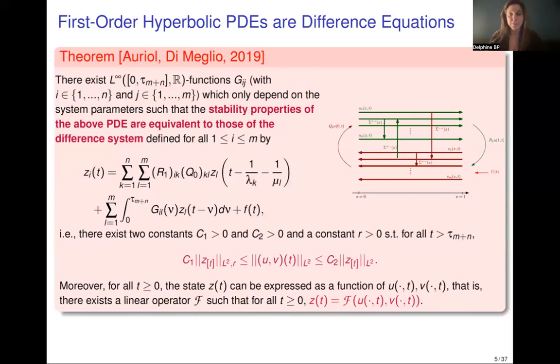So this means that equivalently, if you want to tackle the stabilization and control of the system of hyperbolic PDEs, you can look at the difference equation and try to establish something for this difference equation. And then in turn you're going to obtain similar properties for the original system. Also, interestingly, you can prove that there is an explicit mapping linking Z and U and V.